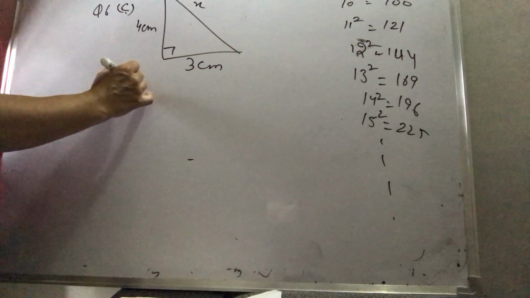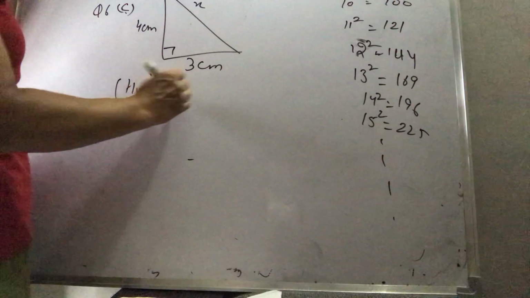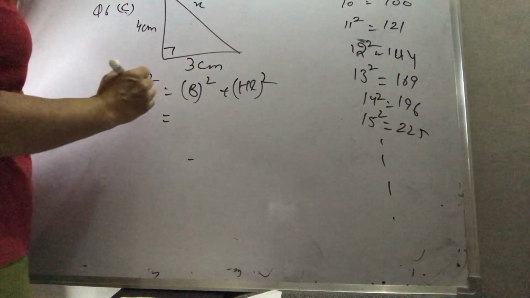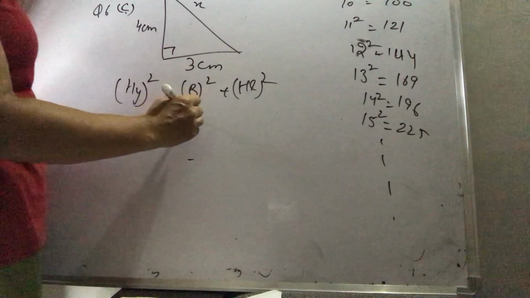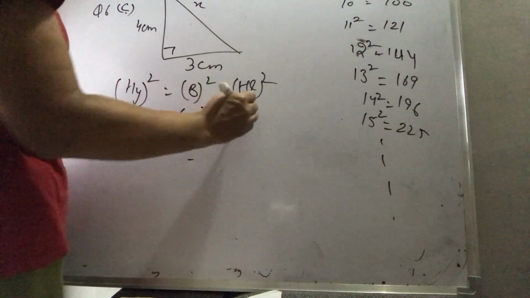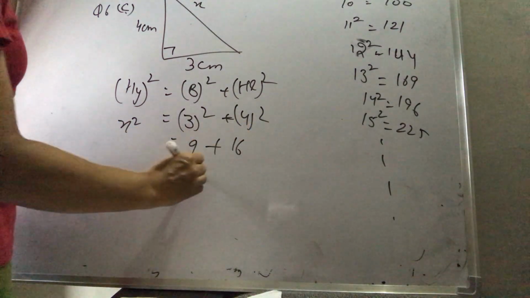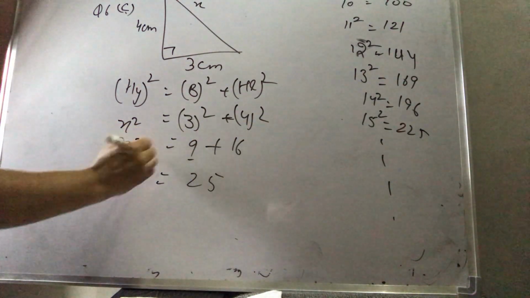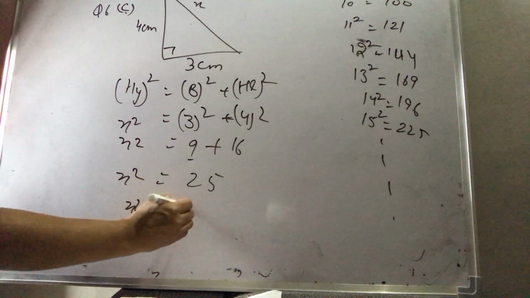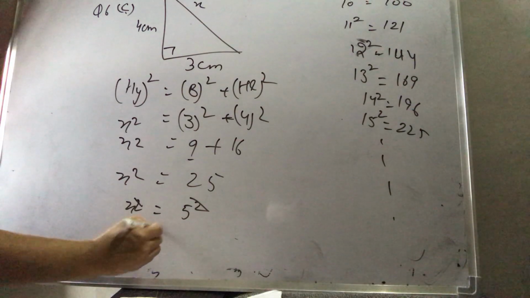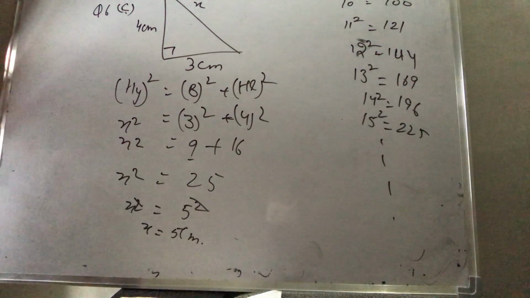So Pythagoras theorem says hypotenuse square is base square plus height square. We have to find hypotenuse, that will be x square. Base is 3 square, height is 4 square. It will be 9 plus 16, 25. And we know that 25 is the square of 5. We will write it as 5 square. Now squares will be cancelled and the value of x will be 5 centimeters.